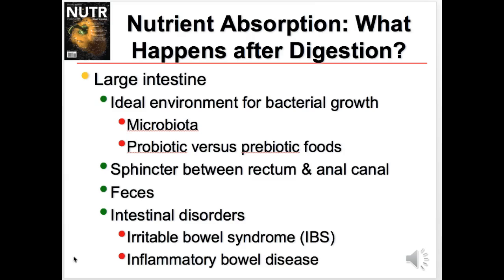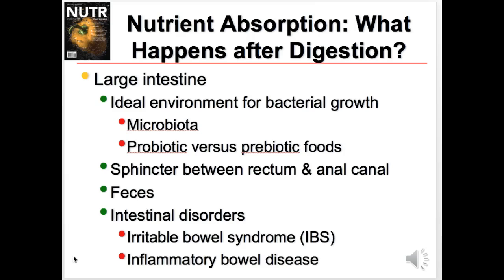If your bowels are not working correctly, you can get something called irritable bowel syndrome, and irritable bowel syndrome can cause a lot of pain in your belly, gas, diarrhea, constipation.